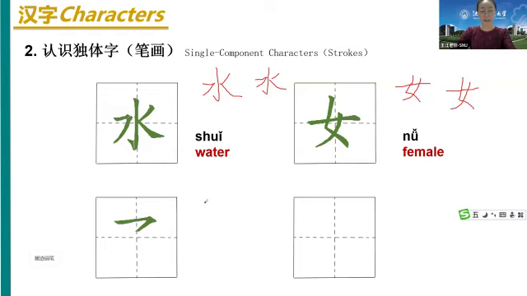please take a look. 1, 2. How many strokes are there in this Chinese character? 1, 2. There are only 2 strokes in this Chinese character. That is le, a modal particle, which is used at the end of the sentence to indicate a change of the situation or occurrence of a new situation.